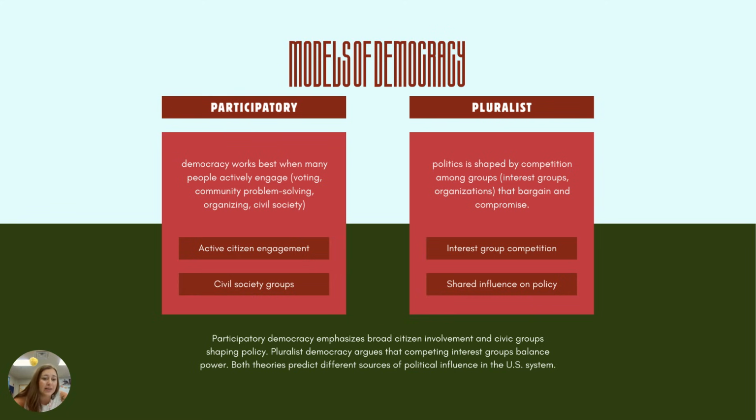So, active citizen engagement. A civil society group is going to be a volunteer group outside of politics that still helps build connections and build those civic habits, right? You might think of volunteering for your church or joining your PTO, right? Or something like that, where you're engaging in that community problem solving.